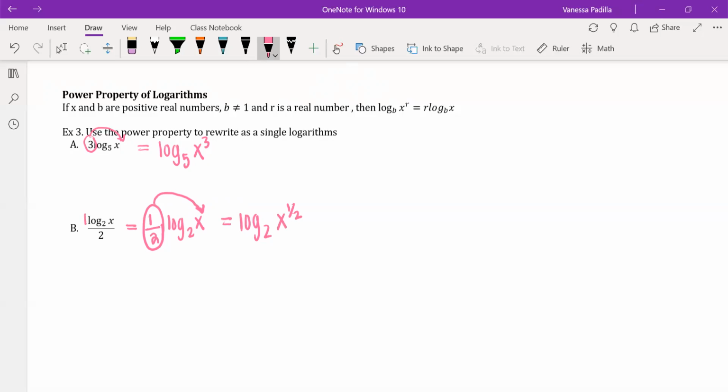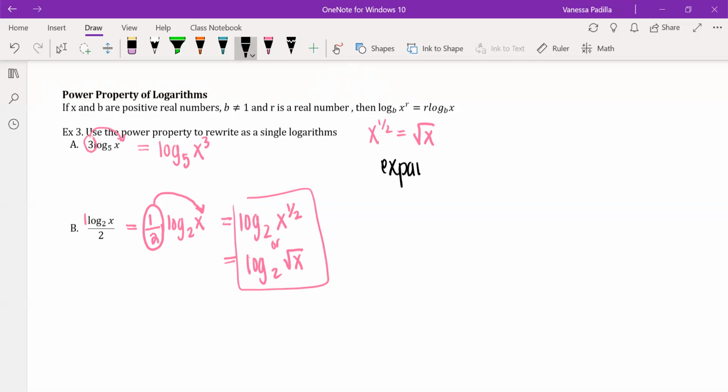Now if you remember, you could leave it like this if you want to, but x to the 1/2 is equal to the square root of x. So you could write it either way. Either way would work. All right, and then expanding. So let's go ahead and expand.